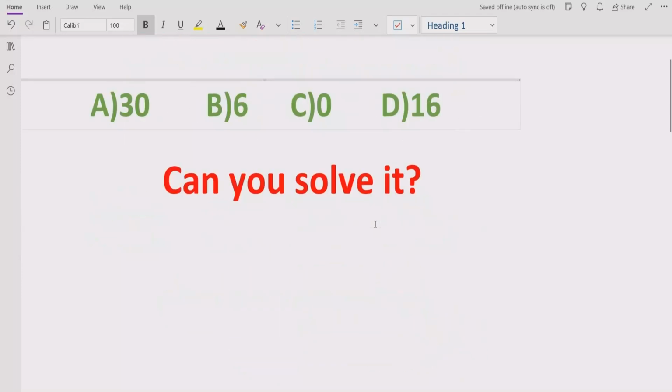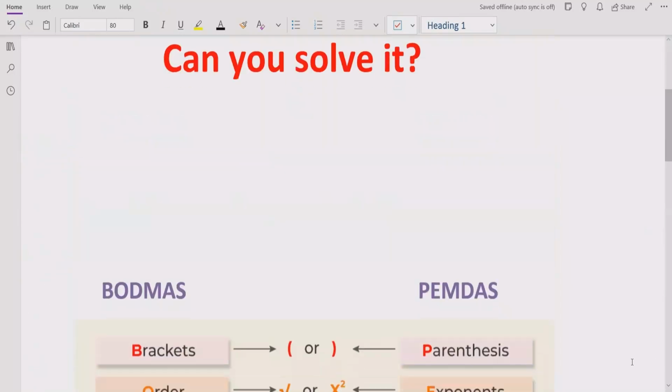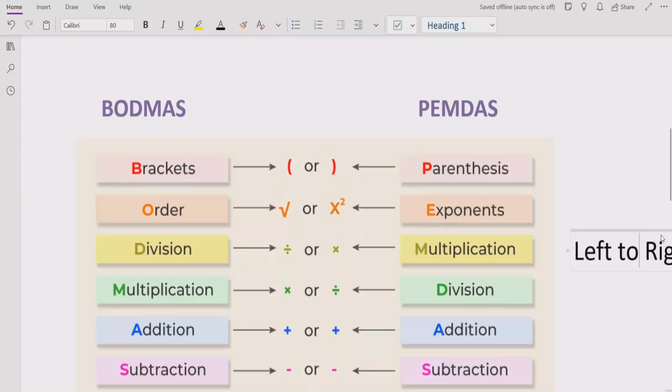Now, let's move towards what the BODMAS and PEMDAS method is. Understand what the PEMDAS and BODMAS method is. Basically, BODMAS and PEMDAS are the rules which are used to solve any arithmetic operation which contains the basic operations.